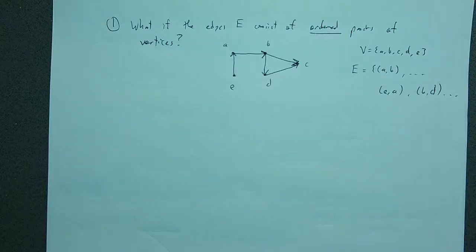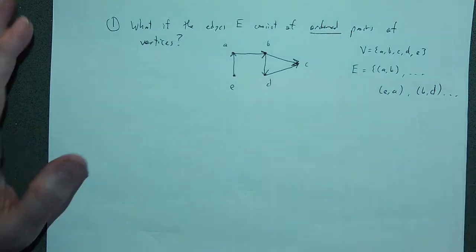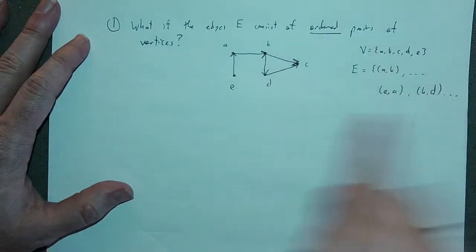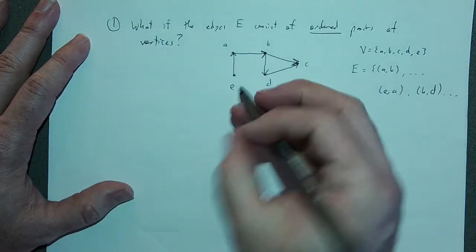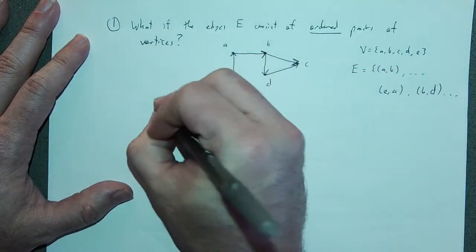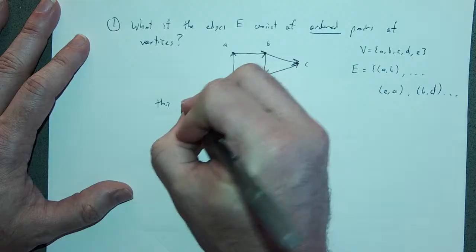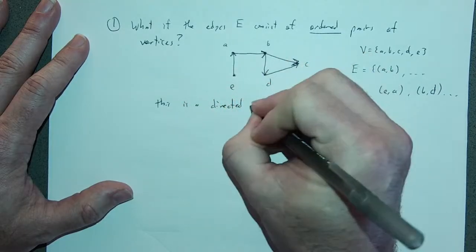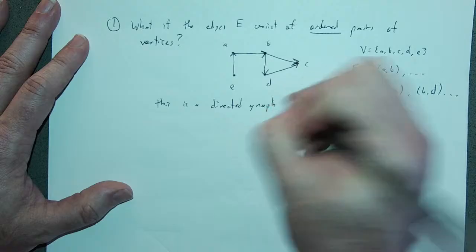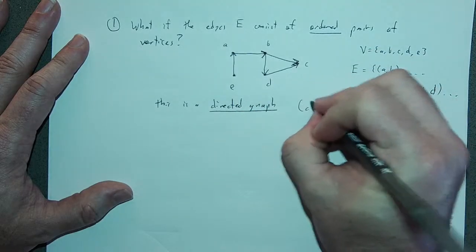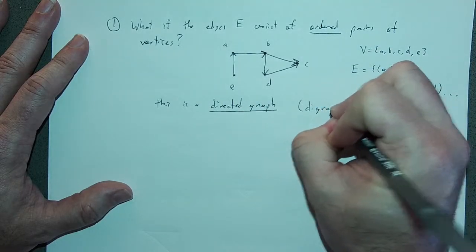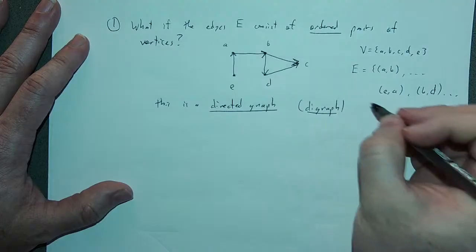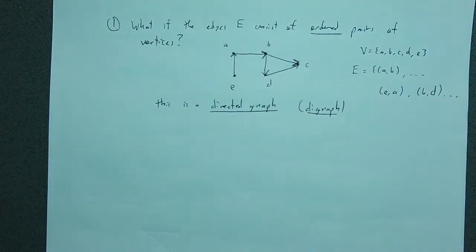Okay. So you've changed your unordered pairs to ordered pairs. So now that you are actually tracking this, how does this change the graph? Well, now these are tracked. This is known as a directed graph or digraph, which you may have encountered before.